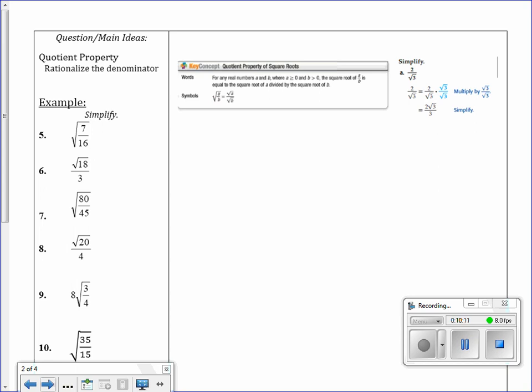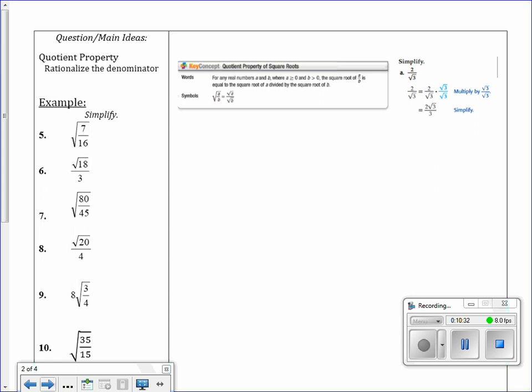And you can see where it says if it has the square root of a over b, that's saying the square root of a over the square root of b. And that's how we would go ahead and represent that. That square root symbol can be broken up into the numerator and the denominator.